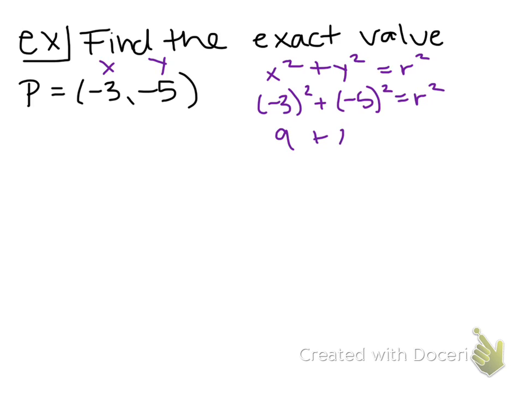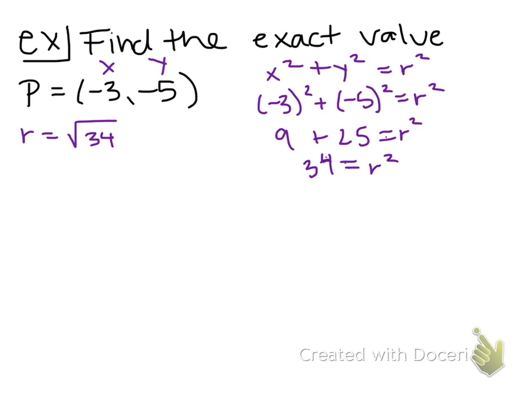So I have 9 plus 25 equals r squared, which gives us 34. My r value is going to be the square root of 34. You obviously would check to see if that can break down. 34 will not break down, so that's going to stay.